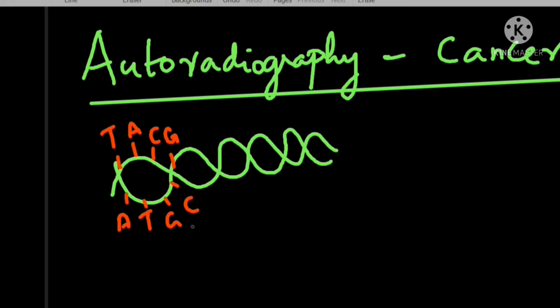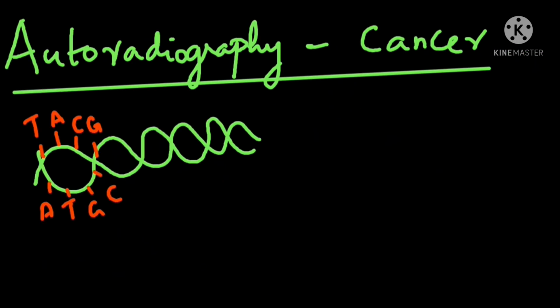Now suppose the patient is having cancer, it means these normal genes will not be present; they will be mutated. To detect whether the patient has cancer or not, they isolate the blood sample and then the DNA, and make it into single strands.